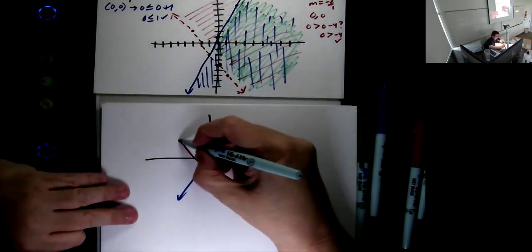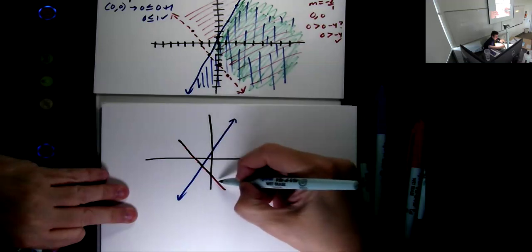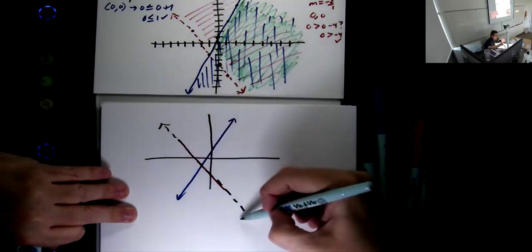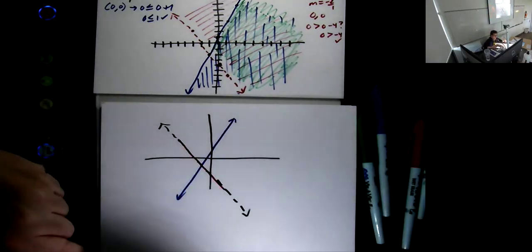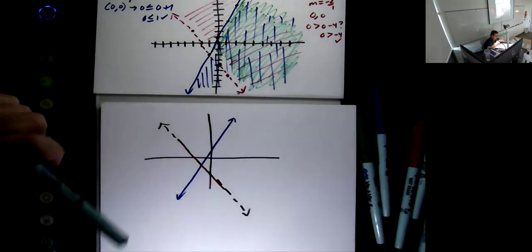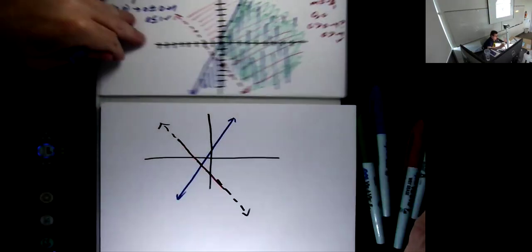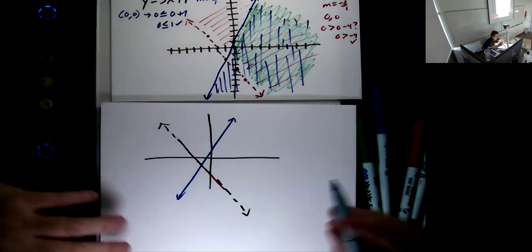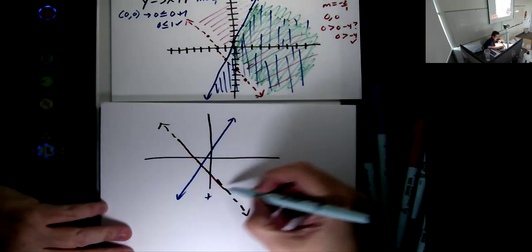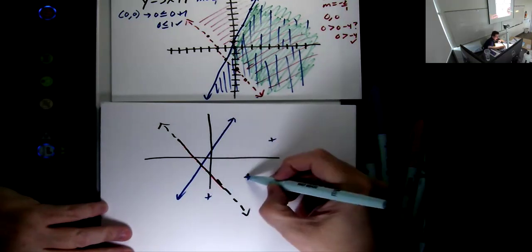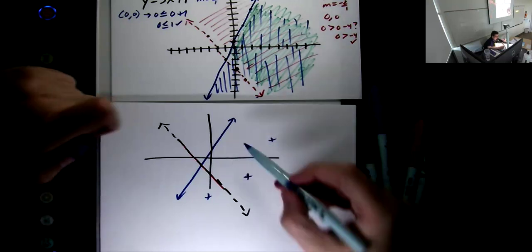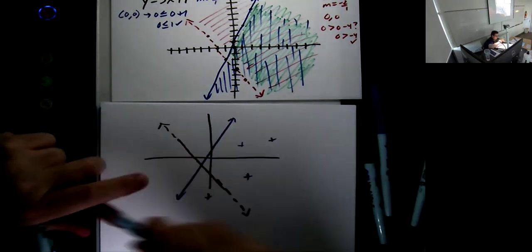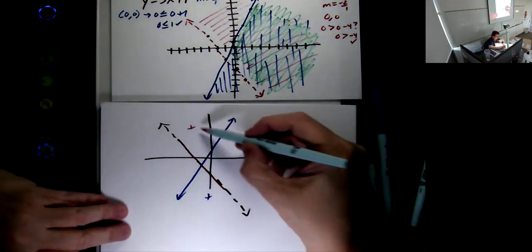I think this is a dashed line. So one way of doing it is, rather than shading the whole thing, just put a plus sign on the right side, a couple plus signs, so it doesn't take up a whole lot of room. And then do the same thing for the red one, a couple plus signs throughout it.